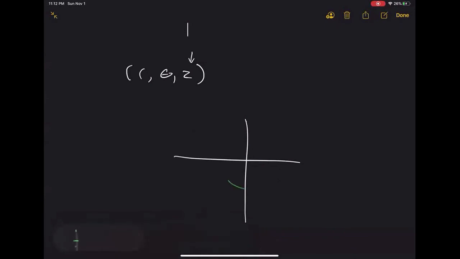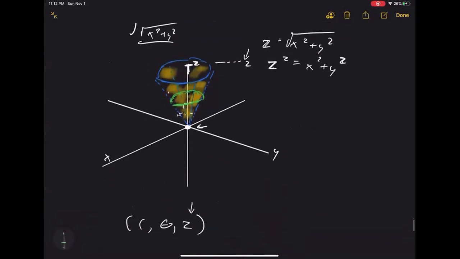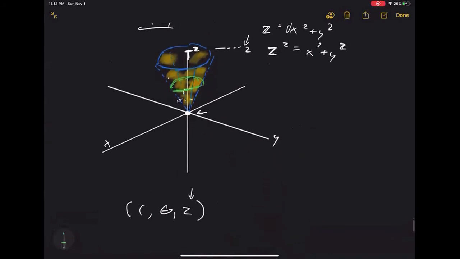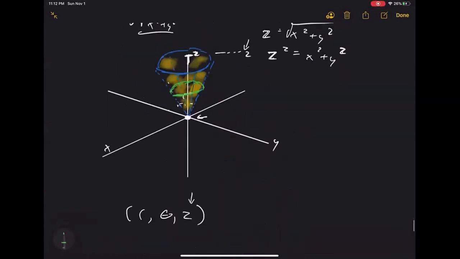So let's look at that green cross section. What is it going to be? A circle? Yeah, it should be a circle. What's the equation of that circle? Let's say it depends on where we're at on our z-axis.